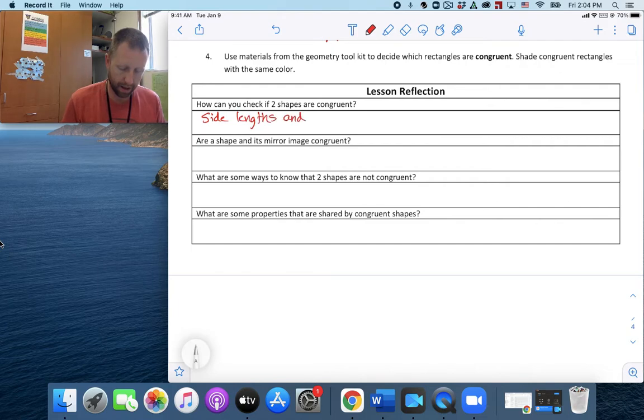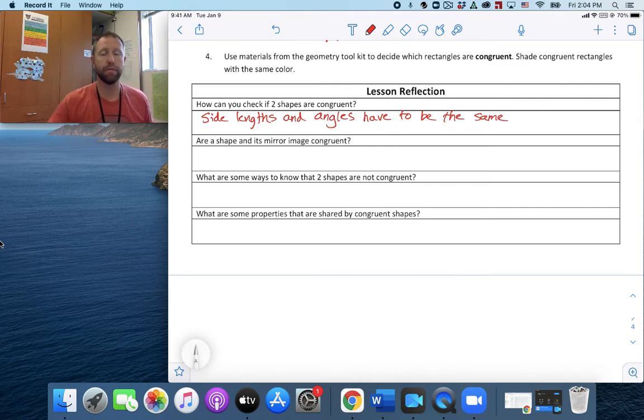And you want to make sure that, once you've checked that the side lengths and the angles are the same, that they even look the same, right? We need to make sure that they just even look the same.